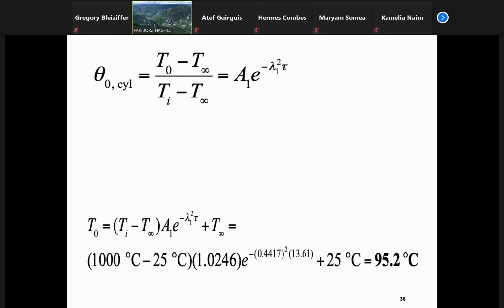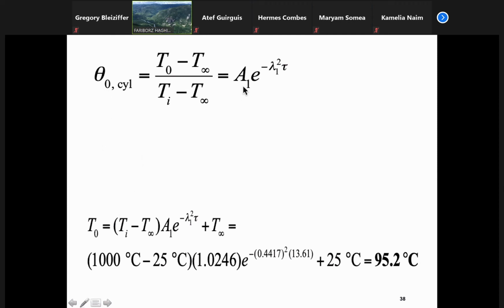We can use this one to calculate the temperature at the center of the cylinder. It means (T0 at the center minus T infinity) divided by (Ti minus T infinity). This is exactly this one.